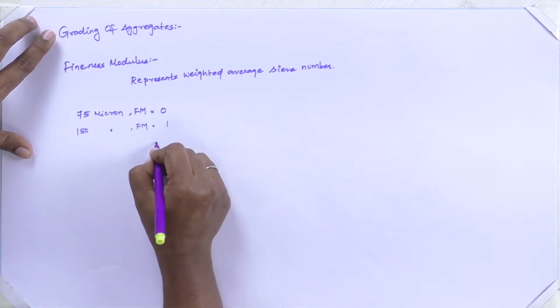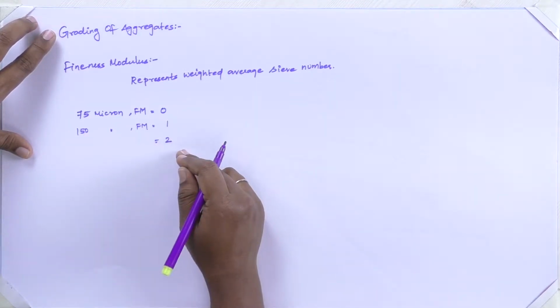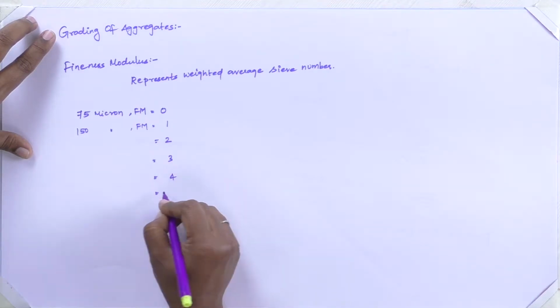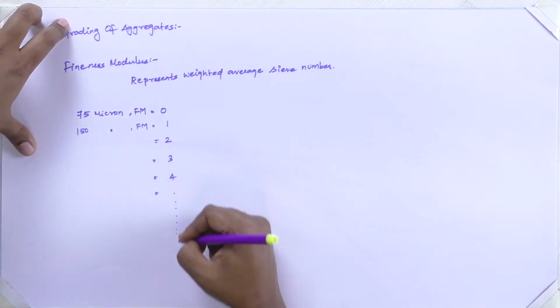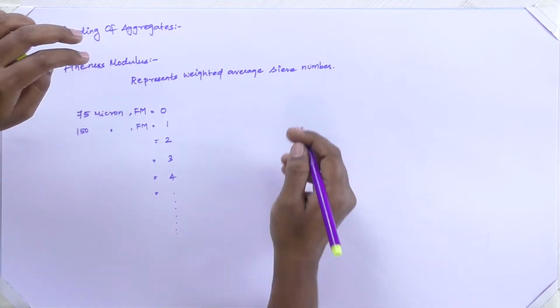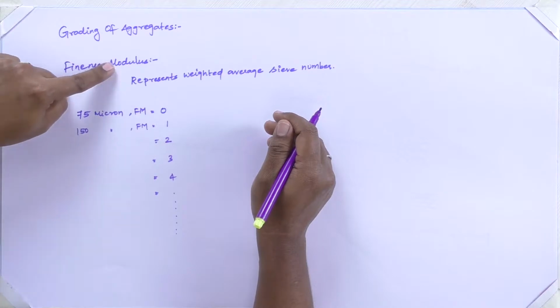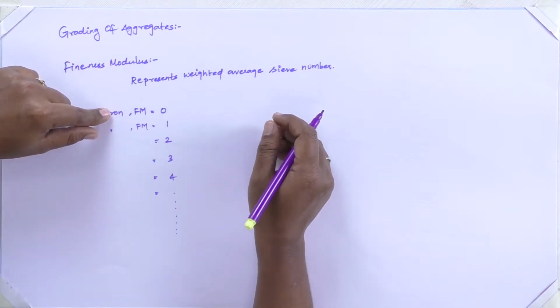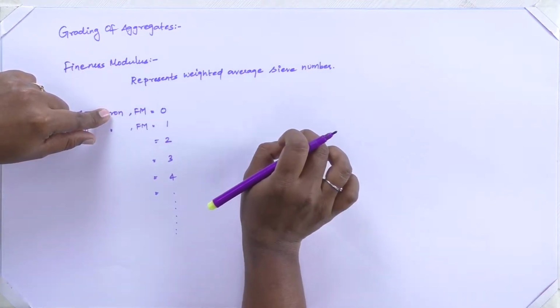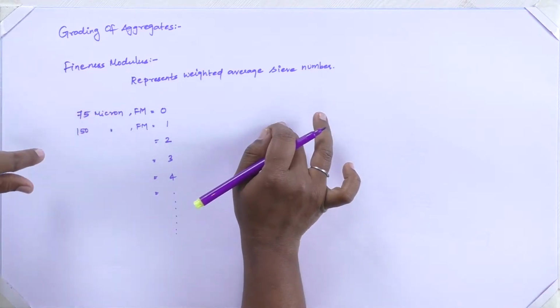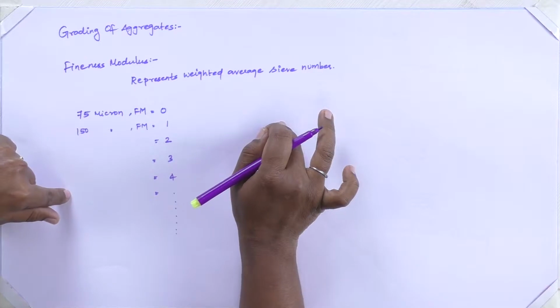The next sieve sizes are represented by the numbers 2, 3, 4, and it proceeds. So, the number which the fineness modulus represents doesn't mean the size of the aggregates, but it represents the size of the sieve.